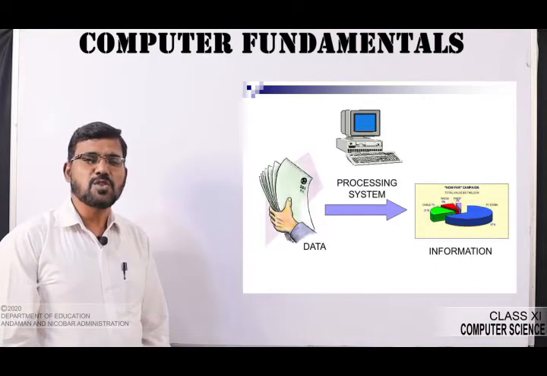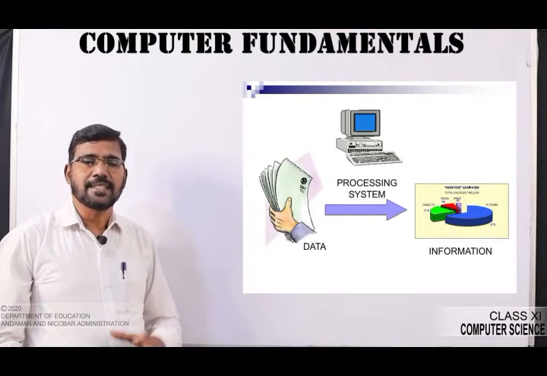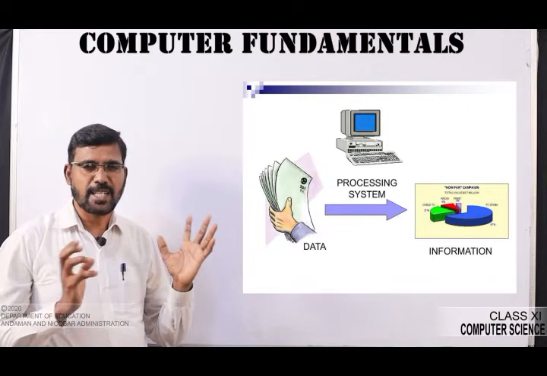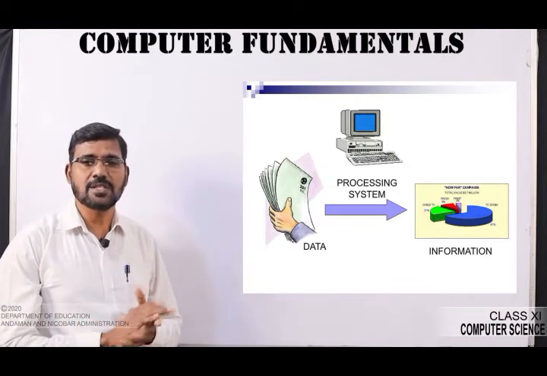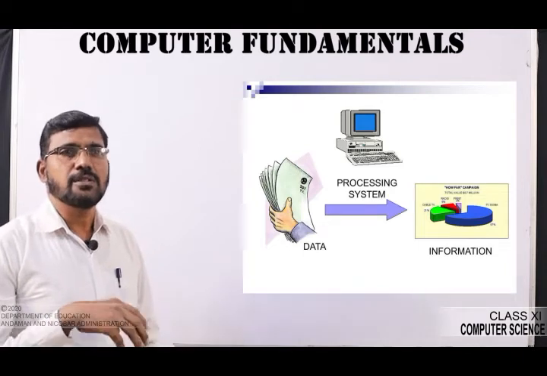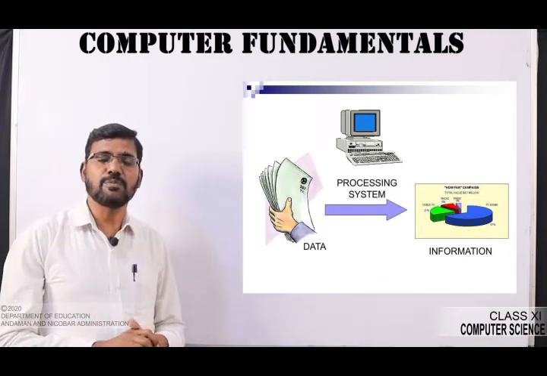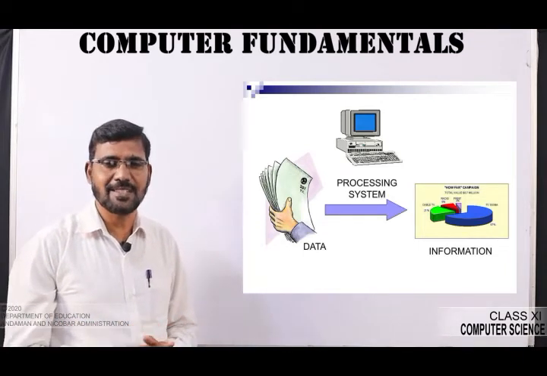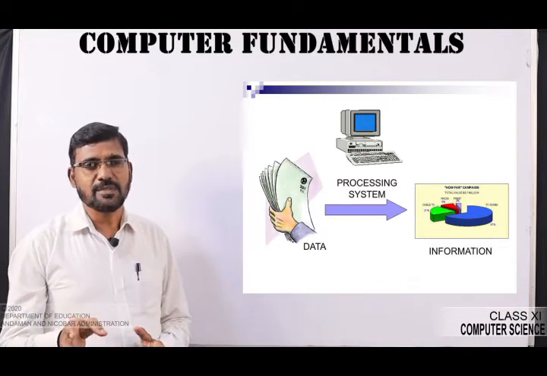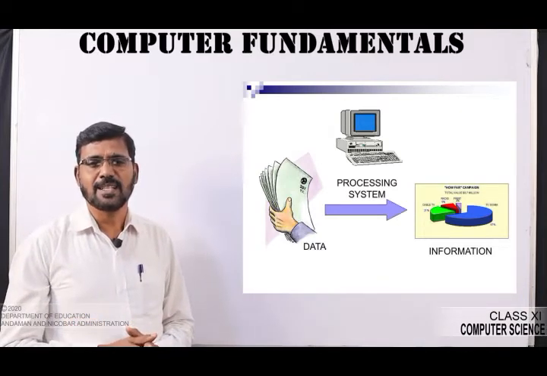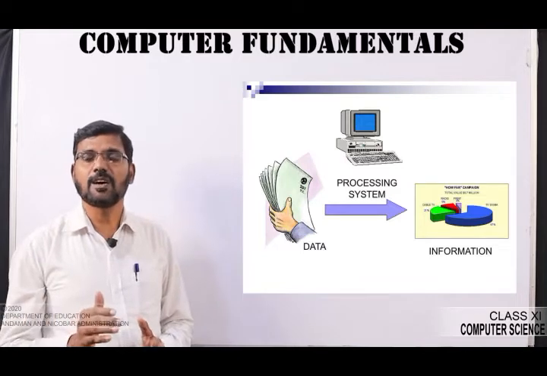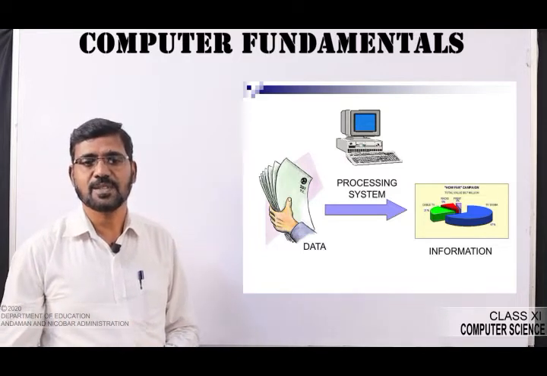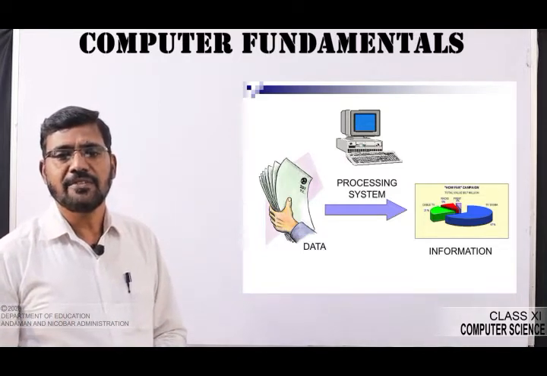You collect the data from various sources and input it into the computer system through the input devices. The computer does the processing, and finally you get organized information. So, that is the fact.